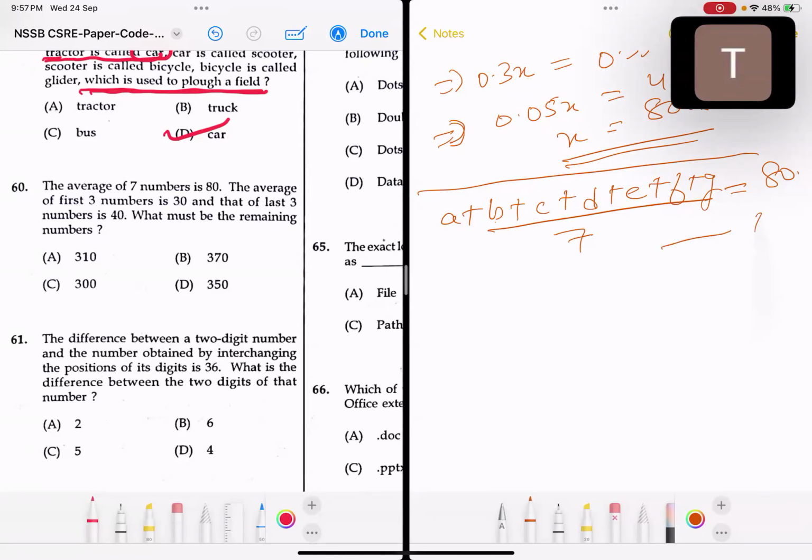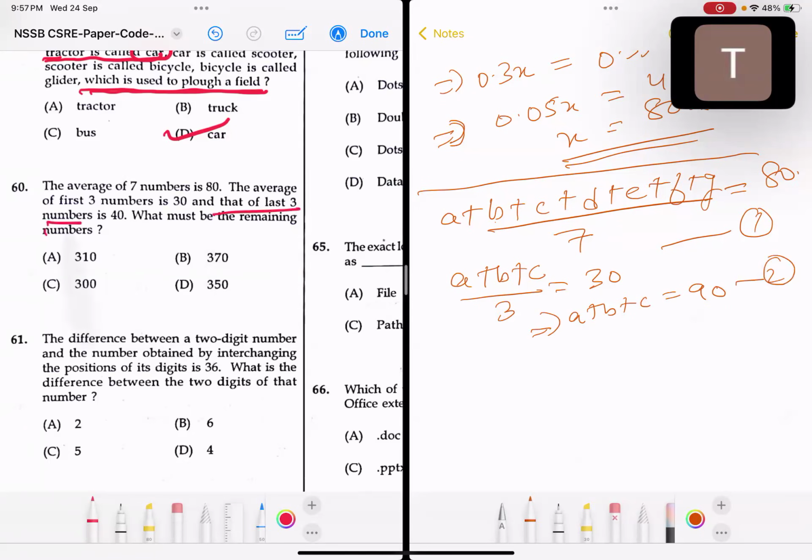Now, this is the first equation that we found, okay? It says that the average of the first 3 numbers, which means A plus B plus C divided by 3, is equal to 30, right? Which means A plus B plus C is equal to 90. This is the second.